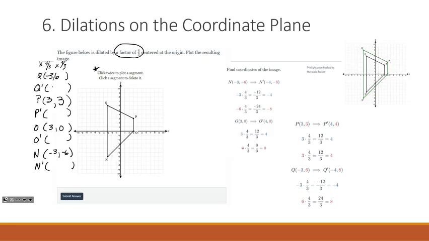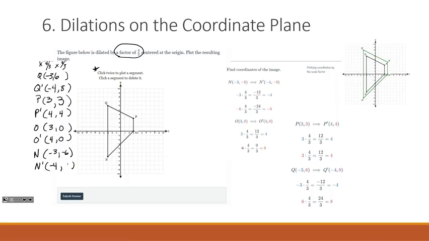You're going to get -4, and on this one, you're going to get an 8. I'm going to take 3. This is going to be 4, 4. 3 times 4/3, you're going to get 4. 0 times 4/3 is 0. -3 times 4/3 is going to be -4.